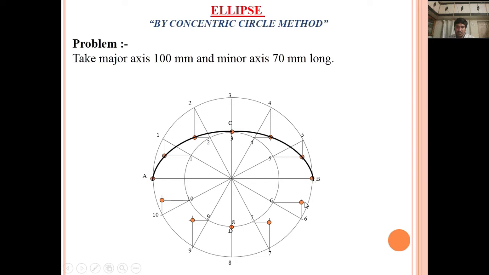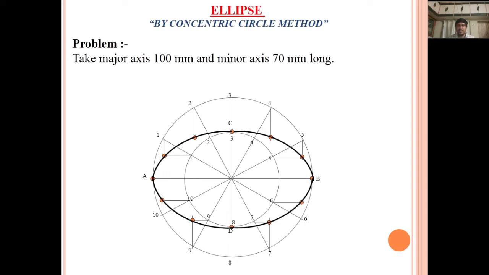After that B to 6, 6 to 7, 7 to D, D to 9, 9 to 10 and 10 to A, like this. This is our required ellipse with the use of the concentric circle method, right?